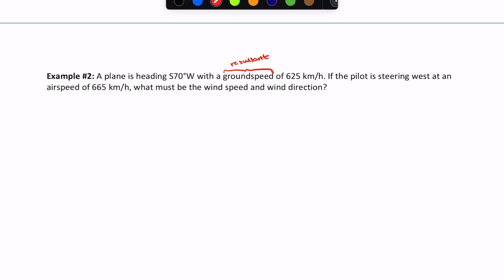If the pilot is steering west at an airspeed, which is the velocity of the plane, of 665 kilometers per hour, what must be the wind speed and wind direction? Here we'll draw our diagram.